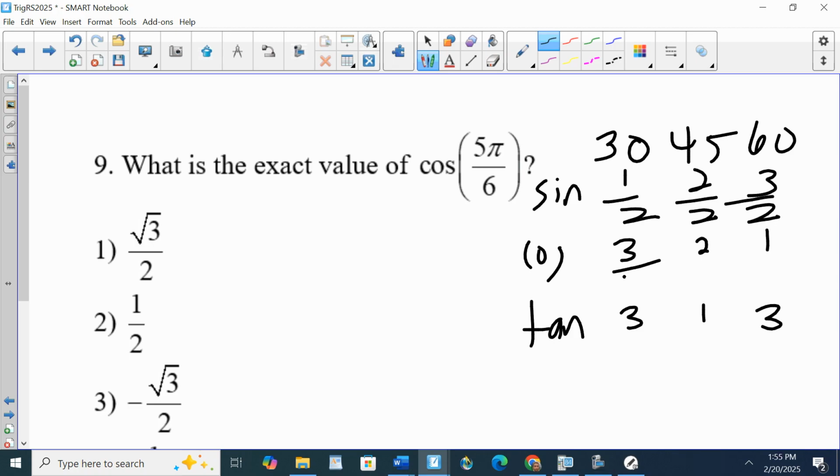All the first 2 rows are over 2. On the third row, only the first one gets a denominator of 3. Everything on top gets radicals. I don't need to put the radical on the 1 because radical 1 is 1.